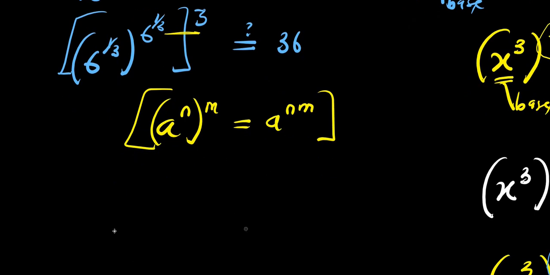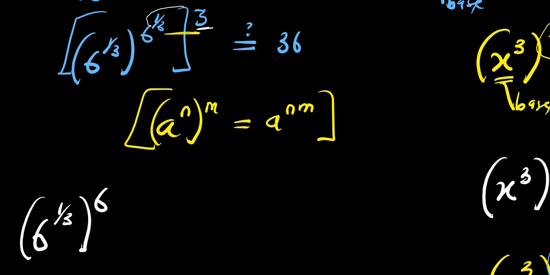So what we are going to have again will be 6 to the power of 1 over 3 raised to the power of 6, because this 3 will multiply 1 over 3, and we are going to have 3 over 3, which is 1. So this will give us 1. That is why I'm having 6 to the power of 1, which is the same thing as 6.